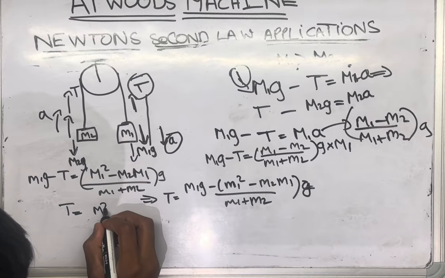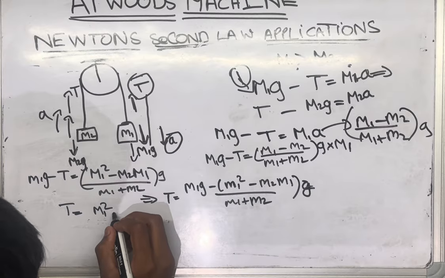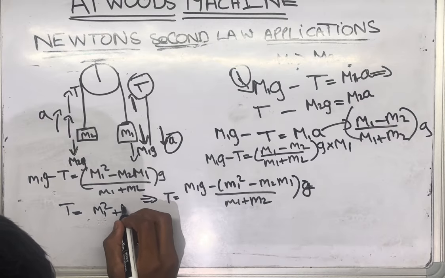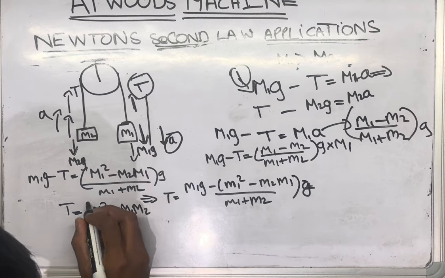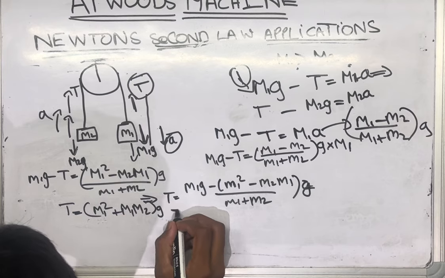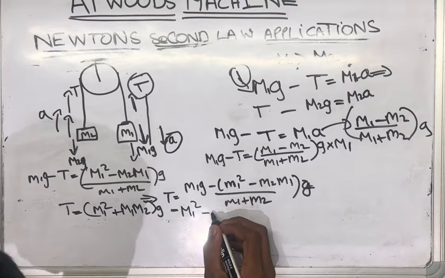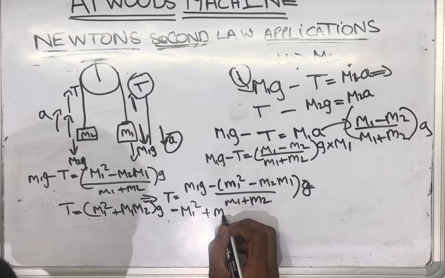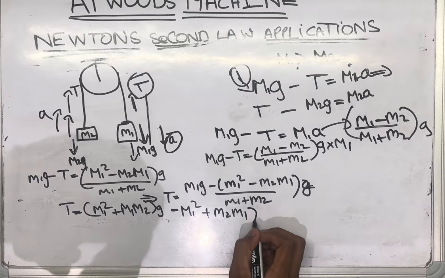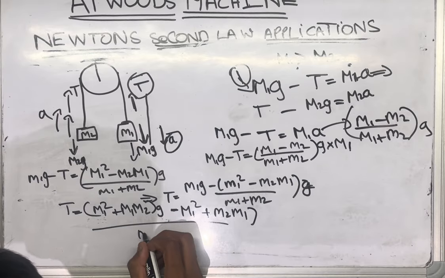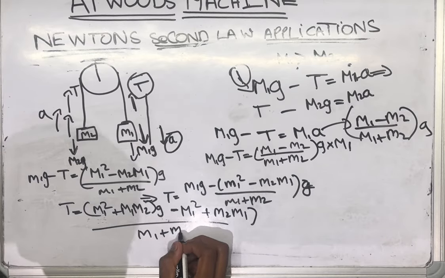M1 square plus M1 M2 into g minus M1 square plus M2 M1 by M1 plus M2.